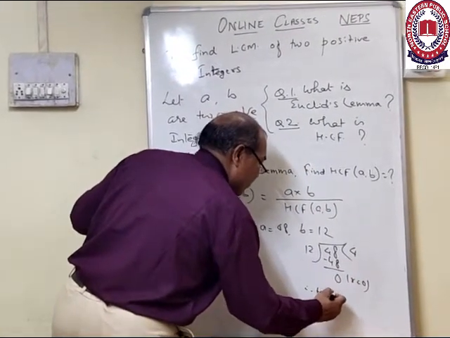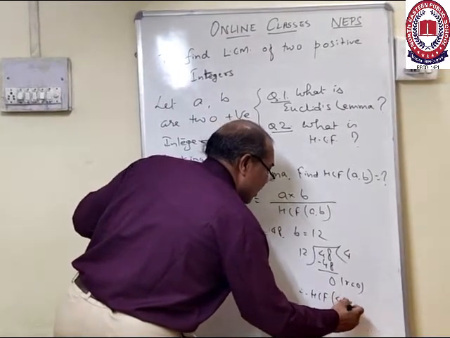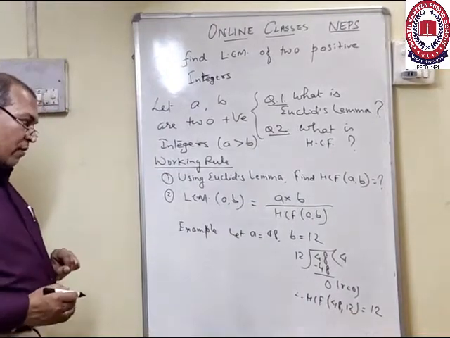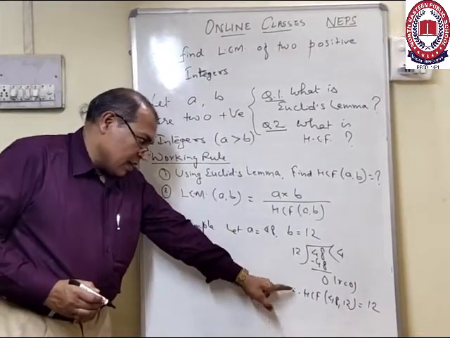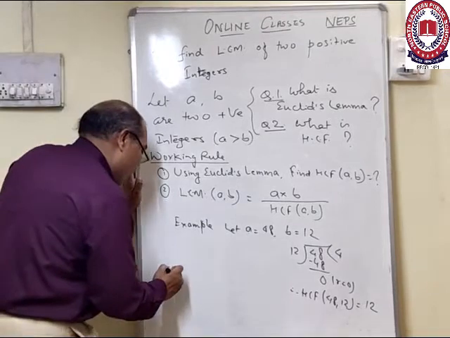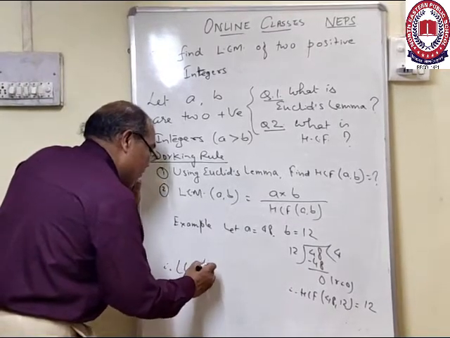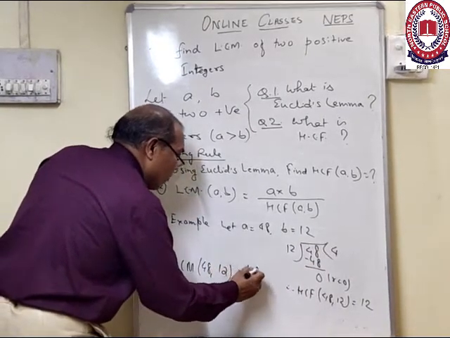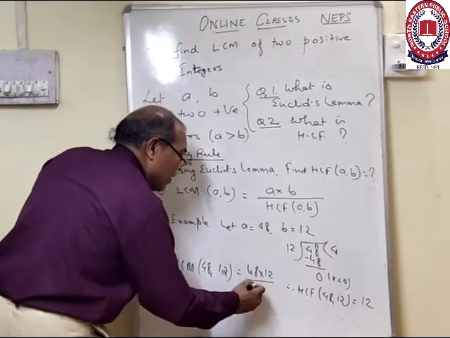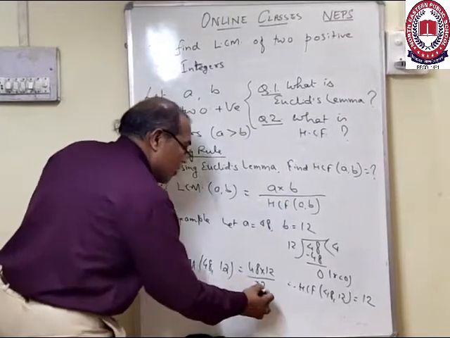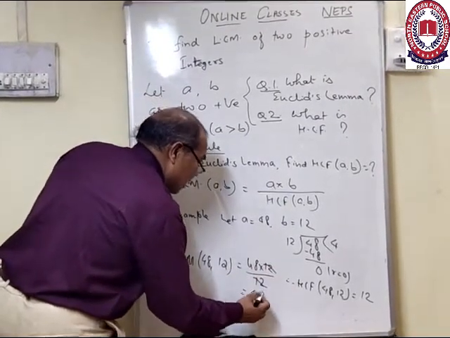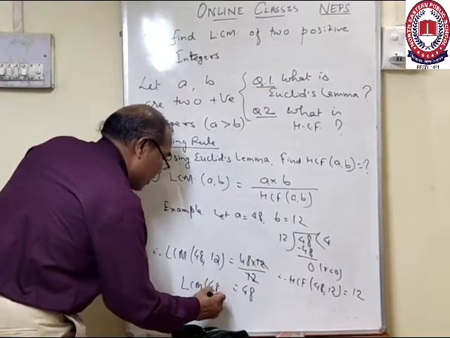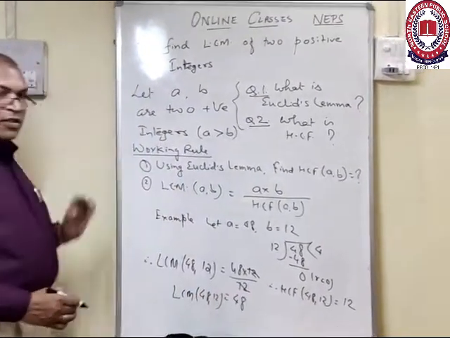Therefore, the HCF of 48 and 12 is the last divisor, 12. Therefore, the LCM of 48 and 12 we can find by 48 into 12 upon the HCF, which is 12. 12 cancels and that is 48. So we can say here the LCM of 48 and 12 is 48.